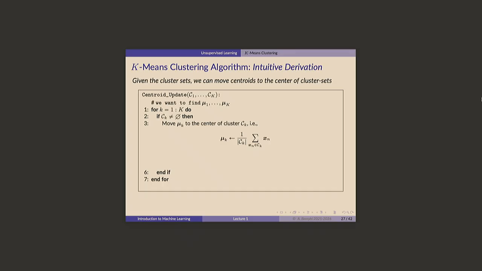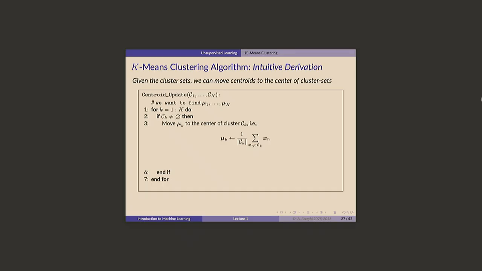I write down here, if the cluster is not empty, because it might happen that I start with one centroid far away, and none of my data points are close to that one. So one cluster could be empty, and if it's empty, I cannot do anything about this. But if the cluster is not empty, I take my centroid and shift it to the average point of everybody inside the cluster.